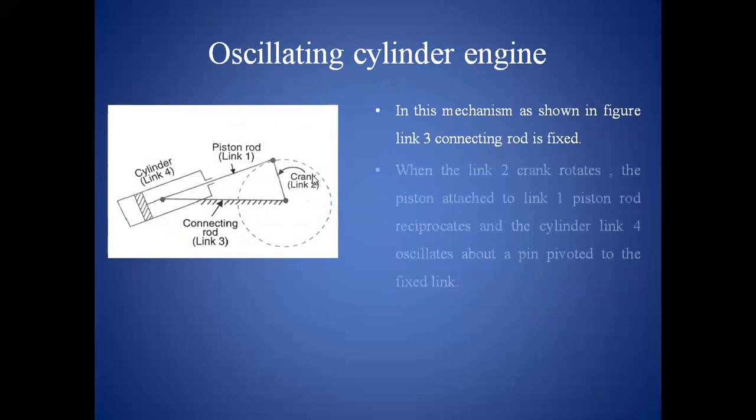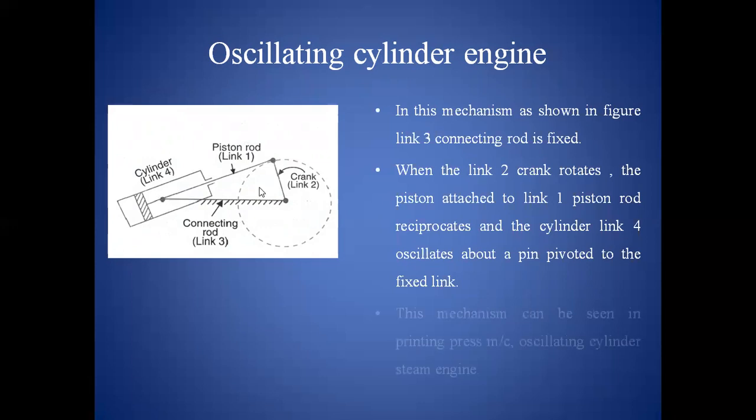When link 2, the crank, rotates, the piston attached to piston rod link 1 reciprocates in the cylinder, and the cylinder oscillates about the pin pivoted to the fixed link, that is the connecting rod. So this is a pivoted point, that is a pin.